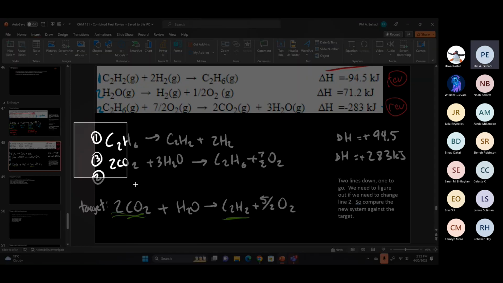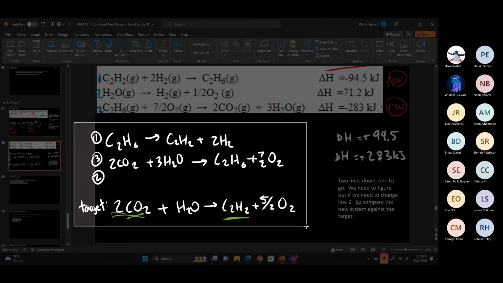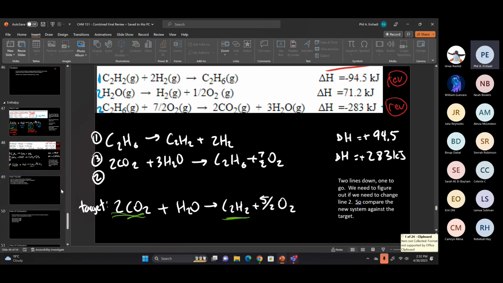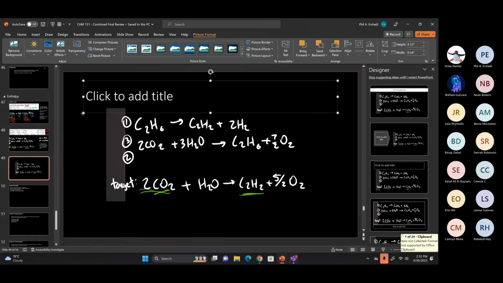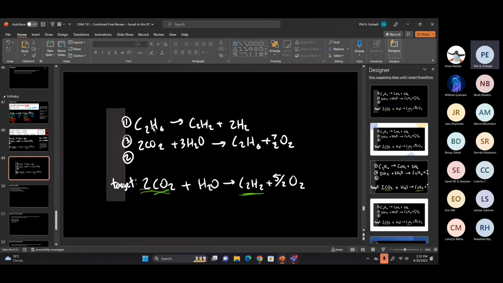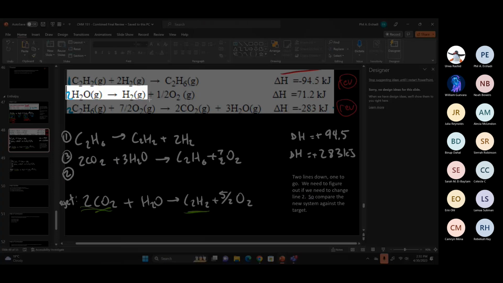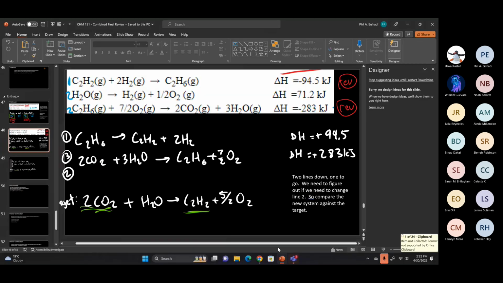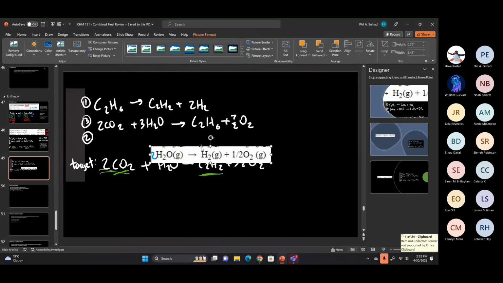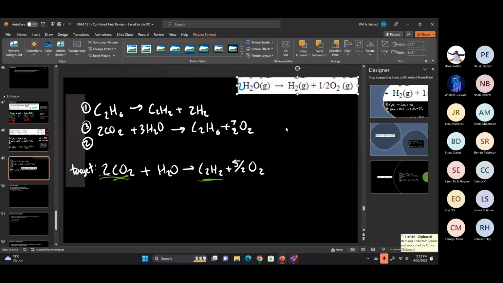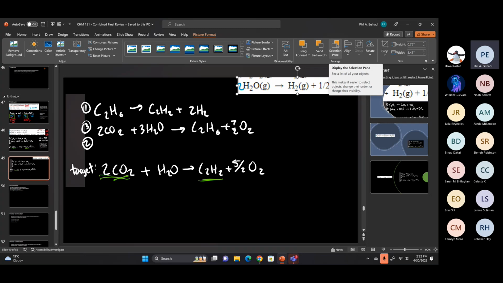Copy this over. Make a new slide. And I'll copy over line 2 as well, because we need to know what to do with it. So there was my line 2. So now what we're going to do is look for things that have to cancel.